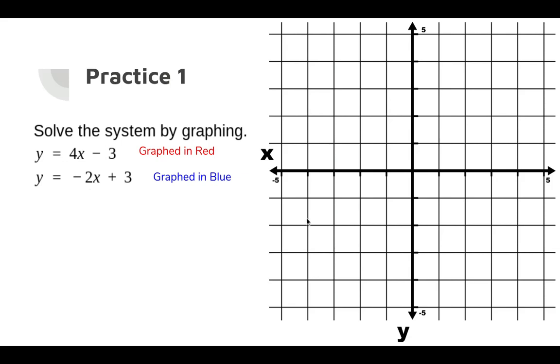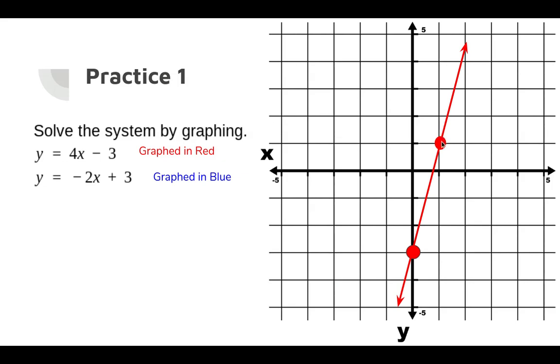So we start by finding the y-intercept for the first equation, which is at negative 3. The slope is 4, which means 4 over 1, which also means up 4, right 1. So when we move up 4, right 1, we find our second point. Once we do that, we can go ahead and graph the line. We need at least 2 points to be able to graph the line.